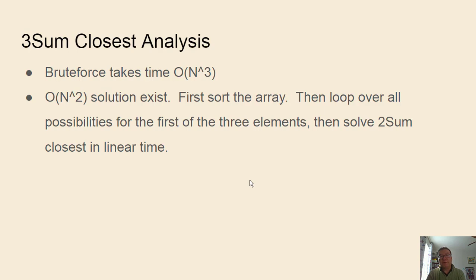Once we fix the first element, then the problem becomes a 2-sum problem, because we have a target, we fix the first element, so we know the target for the other 2 elements we need. We can solve 2-sum closest in linear time using the two-pointer technique. We scan, and remember what is the best we have achieved so far.